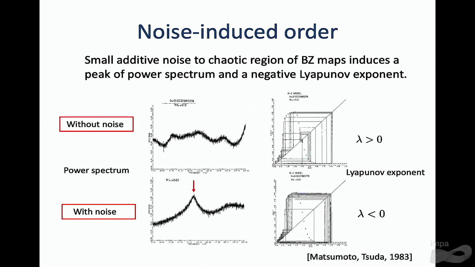This peak is not a sharp peak. It's like rounded, meaning that there exist many frequency, periodicity at the same time around here. So non-trivial periodicity emerge when we add noise to chaotic attractor.